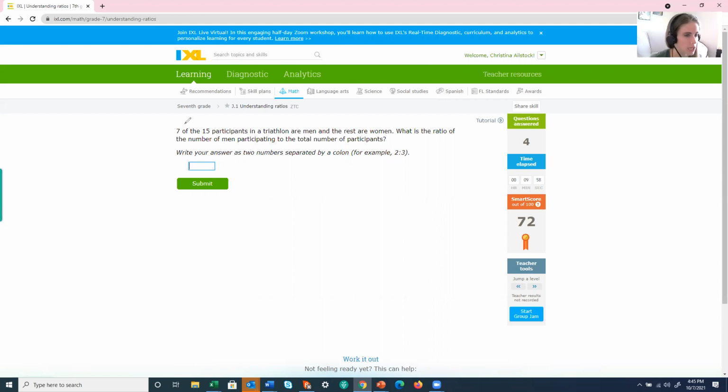All right, let's read that question again. So the ratio is the number of men to the total number of participants. All right, so we want to know the number of men compared to our total number. All right, let's go back and reread this. So 7 of the 15 participants in a triathlon are men. Okay, so 7 are men and the rest are women.